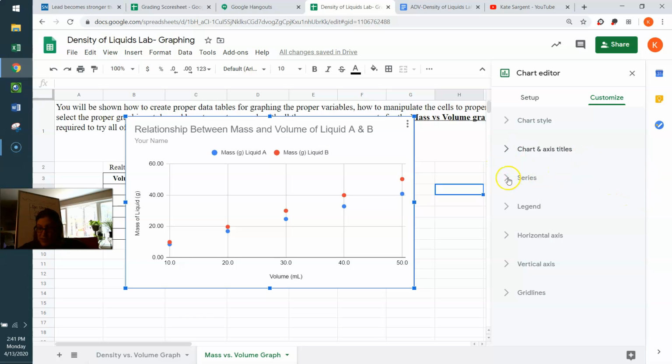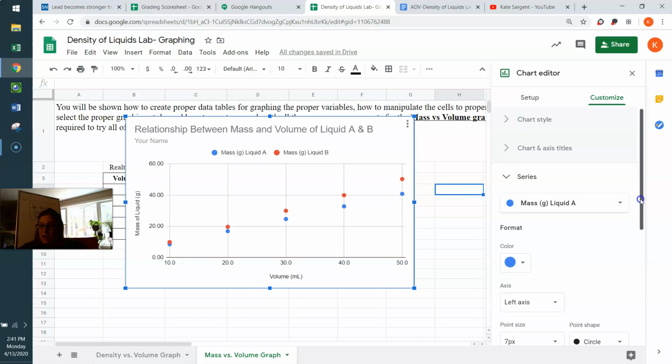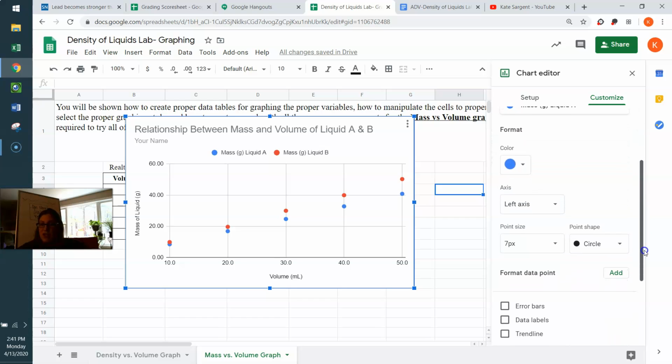Now my series. I have two different liquids here, which means I want to change one of them not only to a different color, but I'd like to change their point shape. So I'd like them to be completely different so they're easy to tell apart.